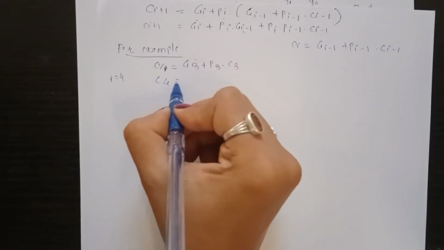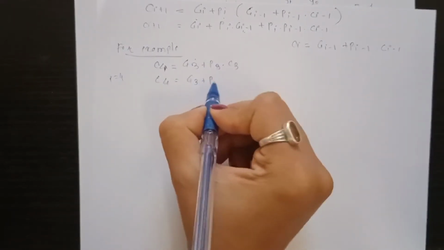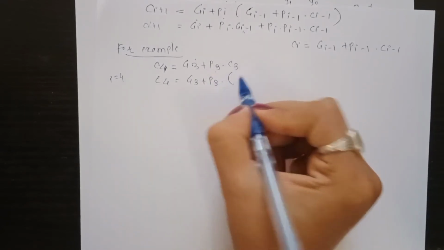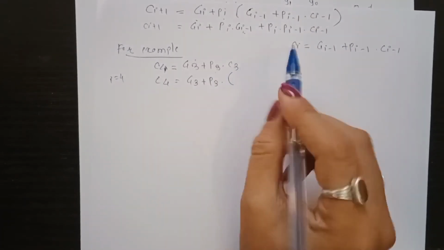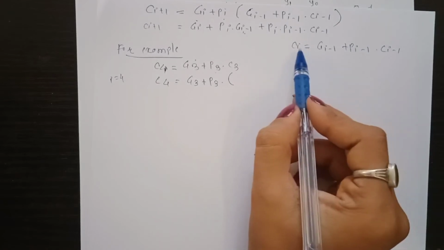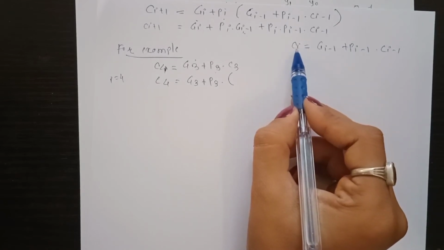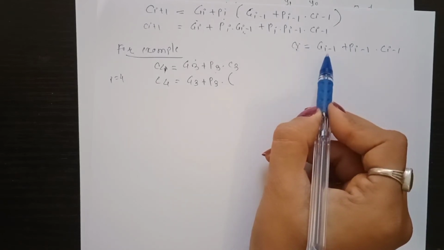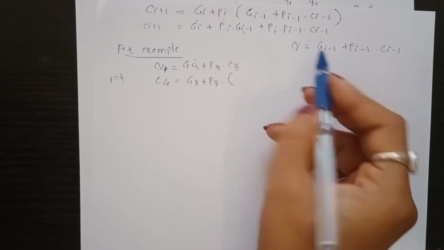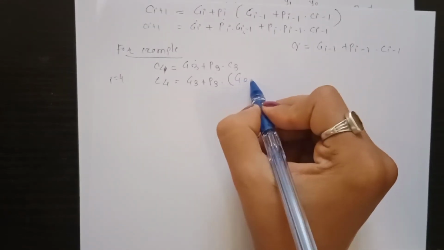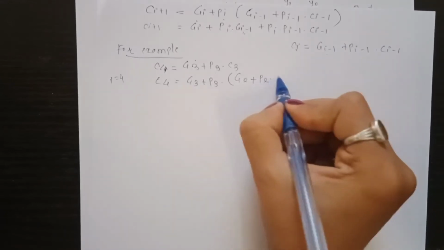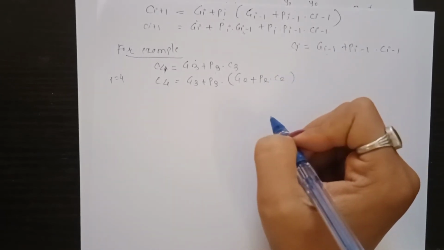So C4 equals G3 plus P3 into C3. Again we can replace this C3 by this expression. For C3, the value of i is 3, so G will be 3 minus 1, that means G2 plus P2 into C2.